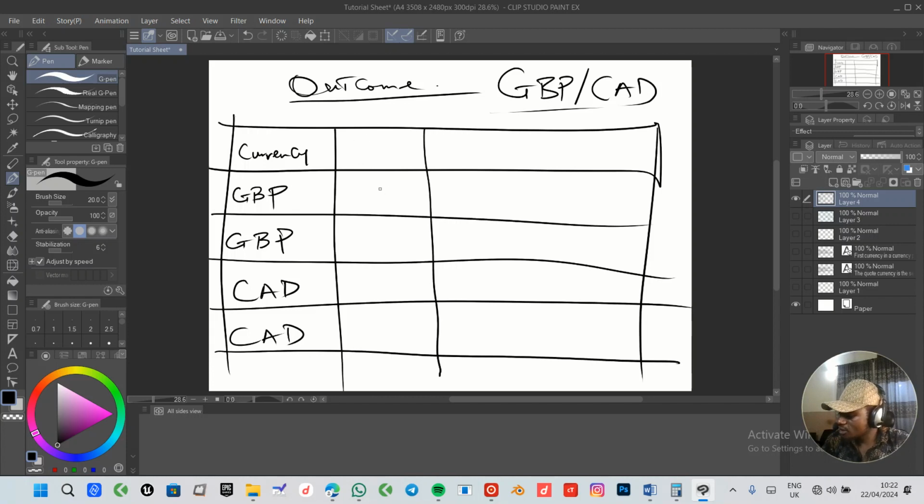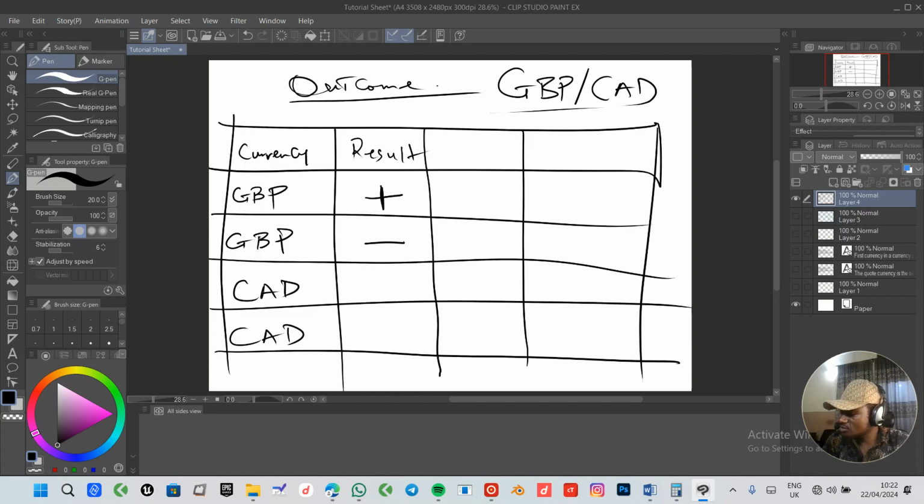What is going to be here is result. Okay, result. So what do you do here? When GBP is positive, here when GBP is negative, because these are the 2 possible outcomes. It's either strong or weak.